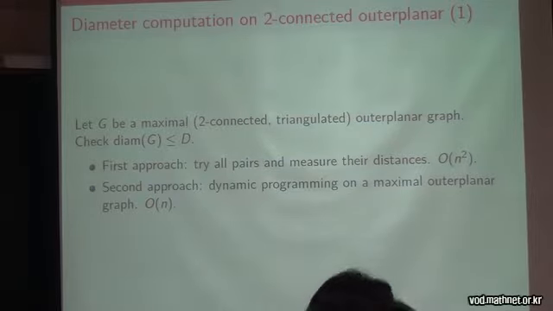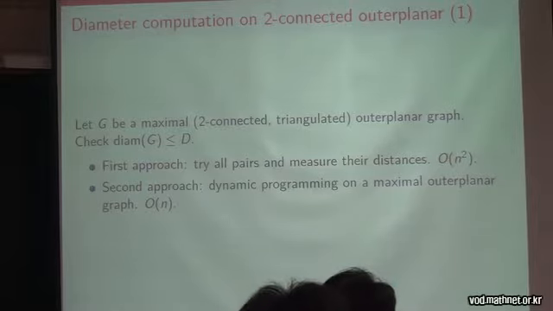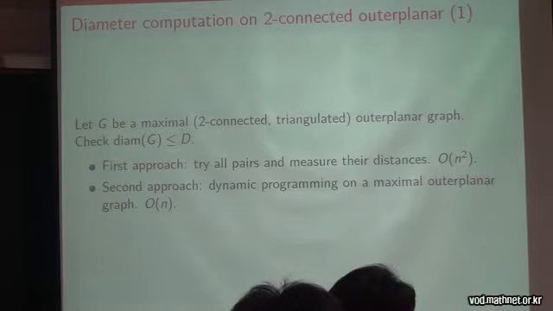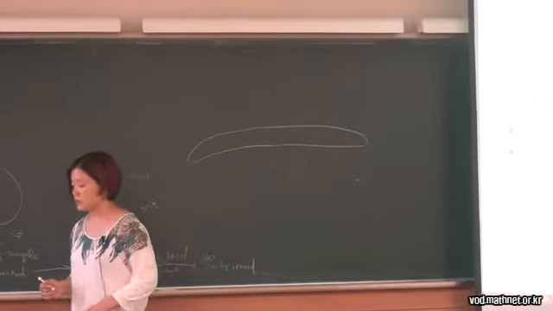So how does it work? The nice property we are going to use for this dynamic programming algorithm is the following. Suppose I have an outerplanar graph, and because it's two-connected, it has a fixed embedding.